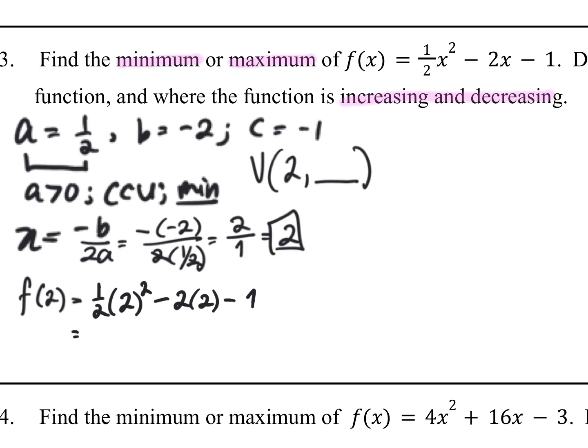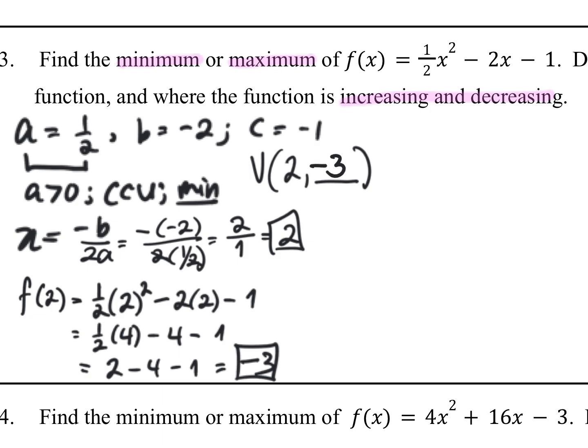So that's going to give you 1/2 of 4 minus 4 and then minus 1. So 1/2 of 4 is 2. 2 minus 4 minus 1. So 2 minus 4 is going to give you -2, and then minus 1, it's going to give you -3. Okay, so this is the y coordinate of our vertex, which is -3.